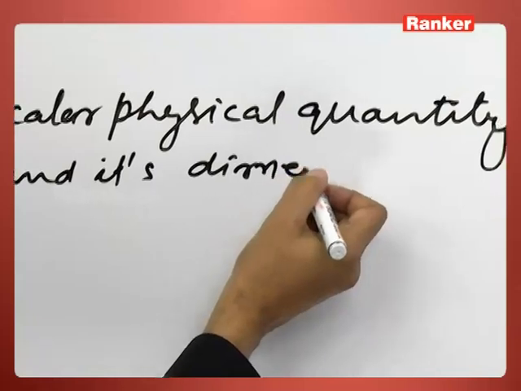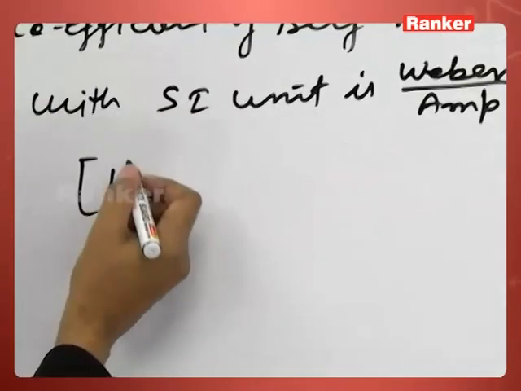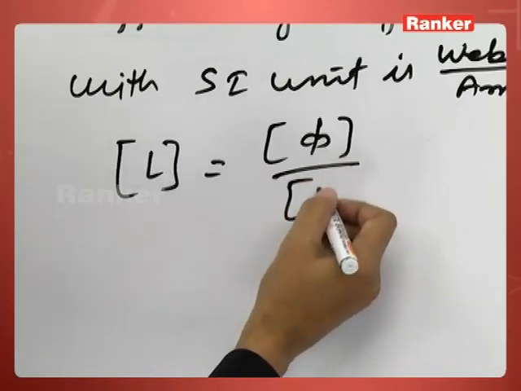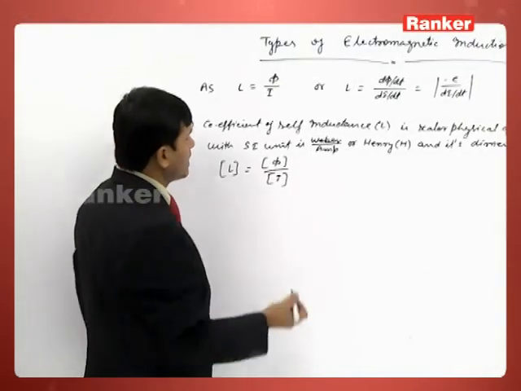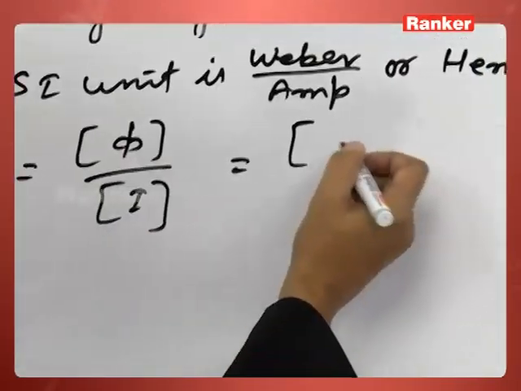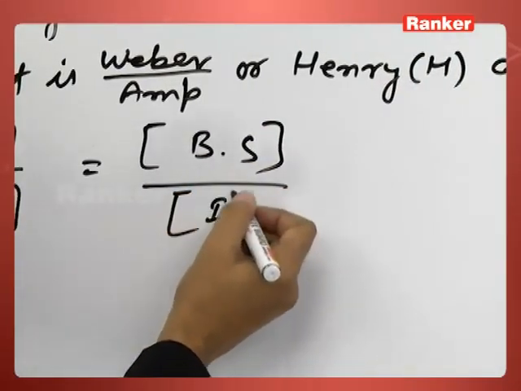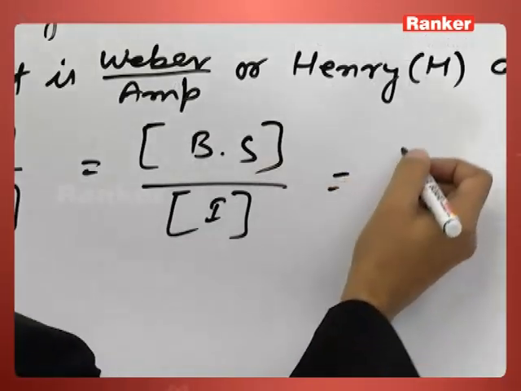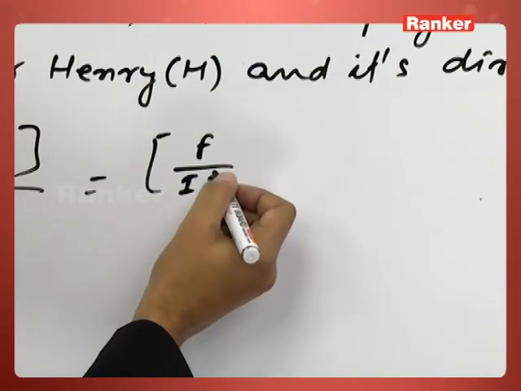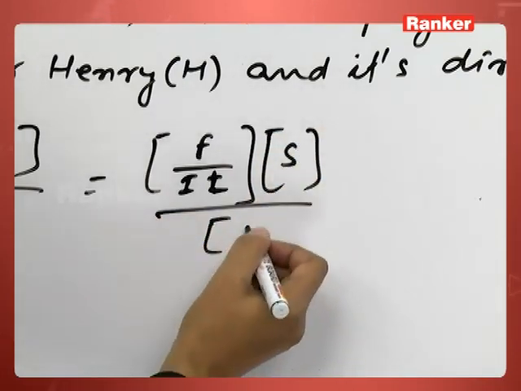And its dimension can be defined like this. See, dimension of L is dimension of flux by dimension of current. And how are we calculating the flux? Flux, as we have found, magnetic flux is written as B dot S, S is the area, by current. Further, magnetic field we can define in a simplified form as force by current element into area by current.